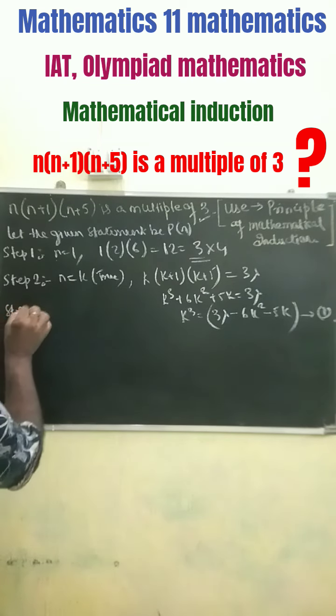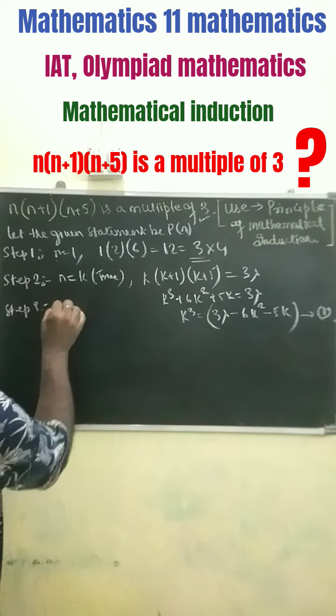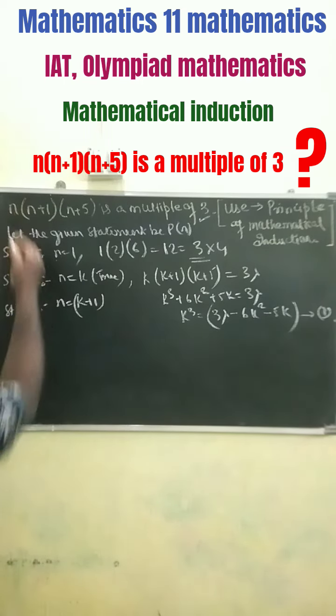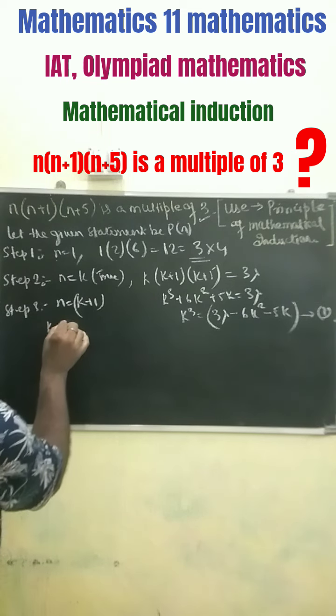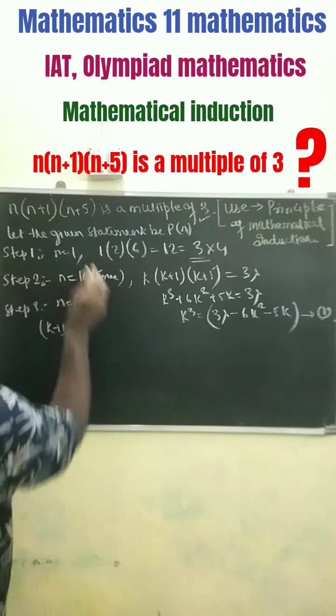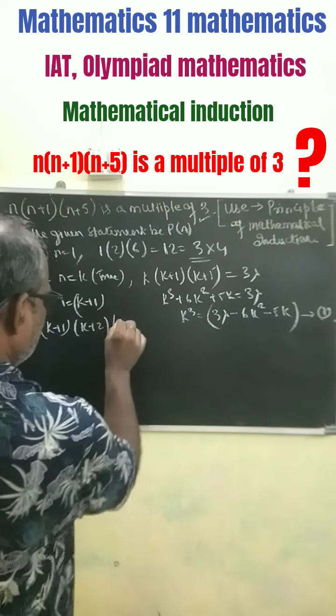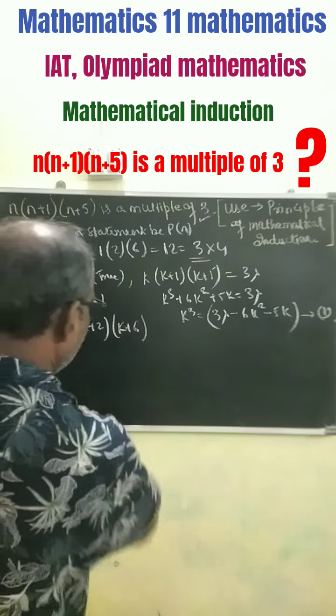Now step 3, we will prove for n equals to k plus 1. Putting the value k plus 1 here, we get k plus 1 into k plus 2 into k plus 6.